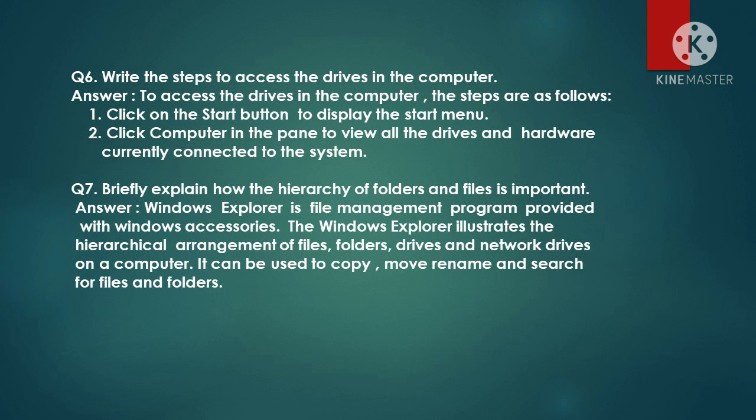To access the drives in the computer, the steps are as follows. Step 1. Click on the Start button to display the Start menu. Step 2. Click Computer in the pane to view all the drives and hardware currently connected to the system.